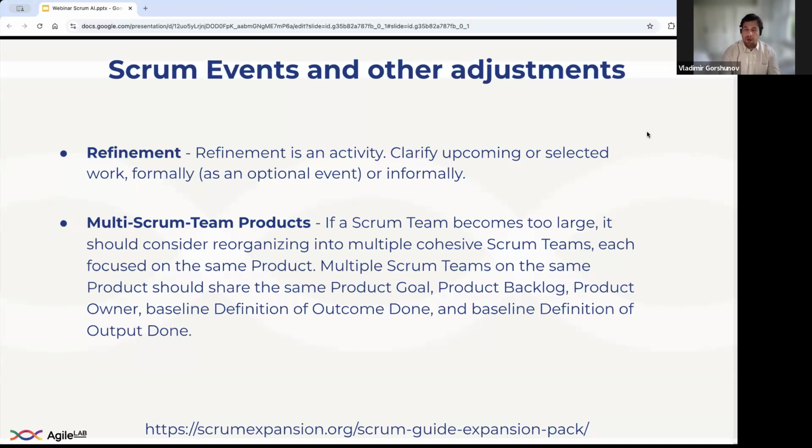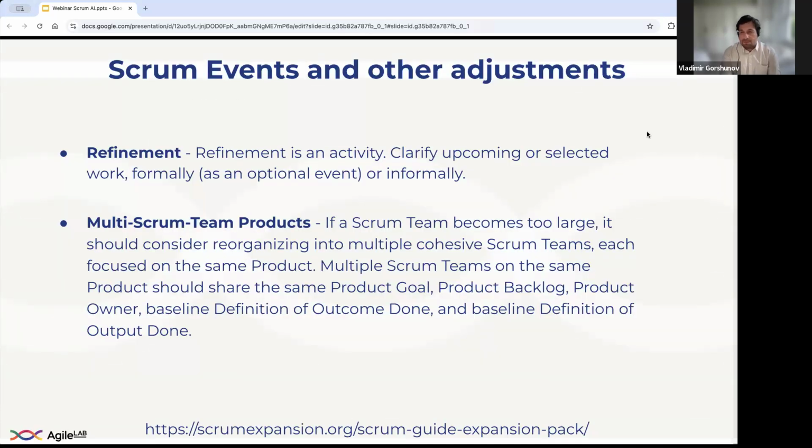So we're trying to align the Scrum teams that are working under the same problem. Again, it makes sense for everyone who is familiar with Scrum of Scrums, Scrum at Scale, Large-Scale Scrum, a really well-known concept, but here it's directly inside the Scrum Expansion Pack.